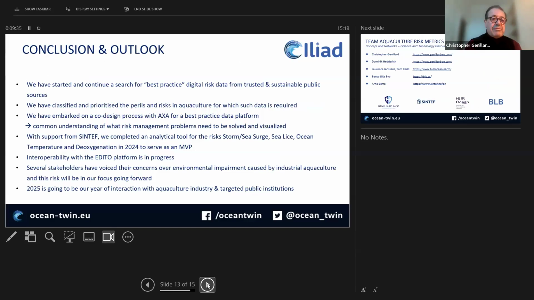The purpose being to have a common understanding of what risk management problems need to be solved and visualized. Then with support from SINTEF, we completed an analytical tool for the risk of storm, sea surge, sea lice, ocean temperature, and deoxygenation. And then the interoperability with the Edito platform is in progress.